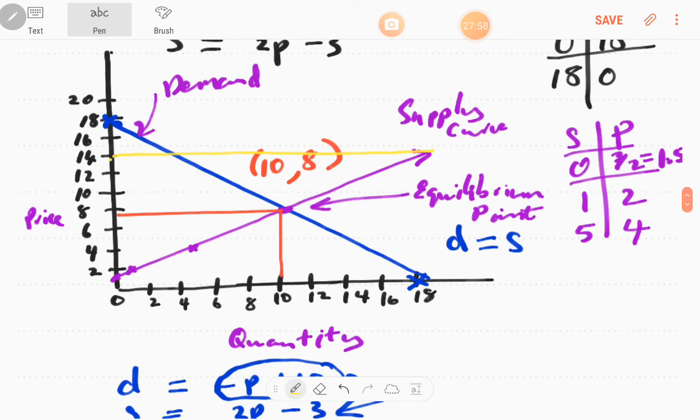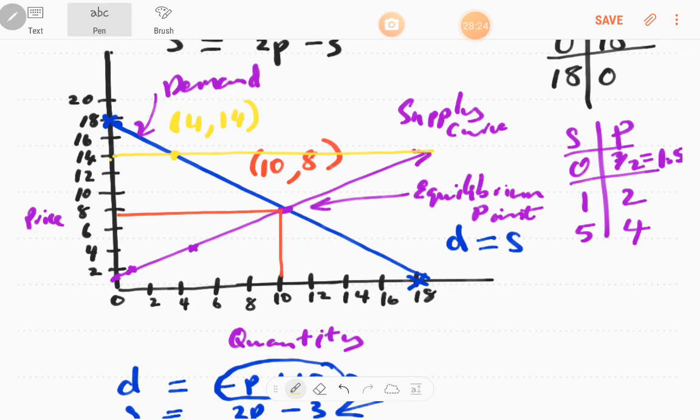Here the quantity demanded is roughly 4. So we'll have 14, 4. No, the other way around, 4, 14, quantity comes first. So it would be roughly 4, 14.